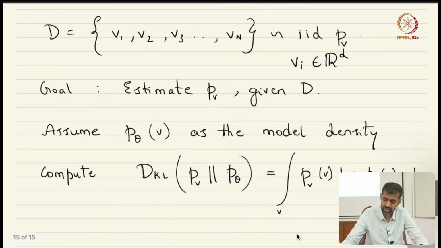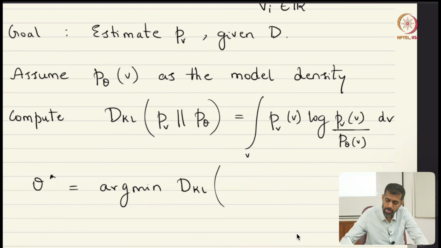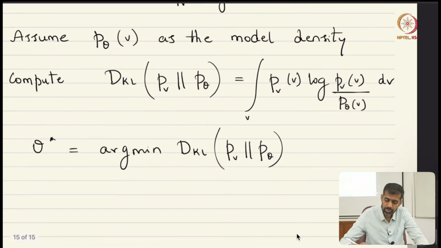That is the most general assumption that we made. This is what it is. Now what are we interested in? Remember the recipe again. We want our theta star, or the optimal parameters, to be the one that minimizes the KL divergence between PV and P theta, correct. So this optimization is over theta.